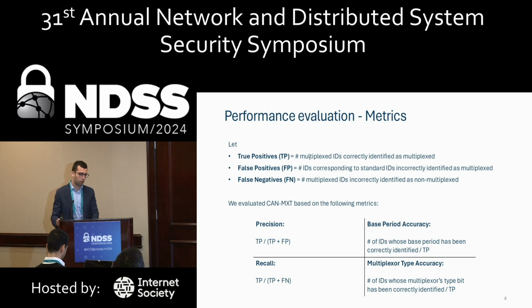I guess you all know precision and recall, and we also designed 2 new metrics for this specific work, which are base period accuracy, which is the number of IDs whose base period has been correctly identified divided by the true positives, and the multiplexer type accuracy, which is the number of IDs whose multiplexer type has been correctly identified divided by the true positives.